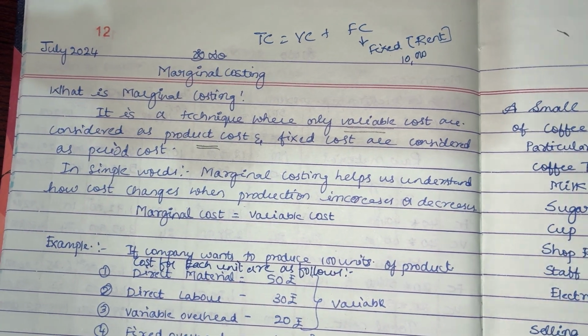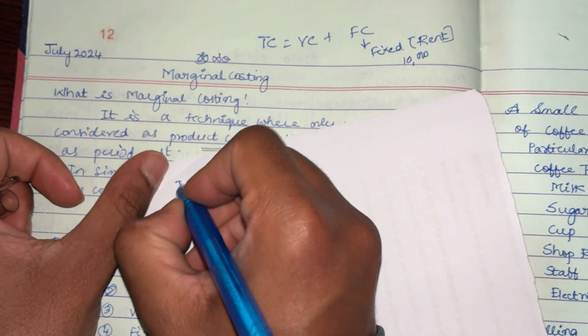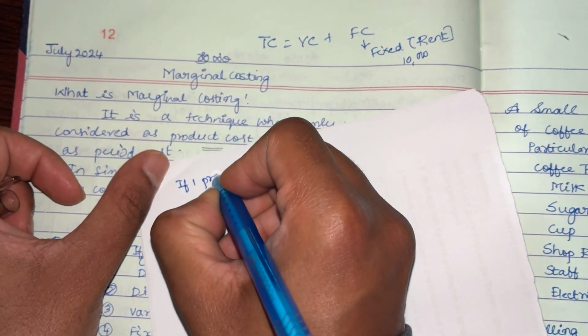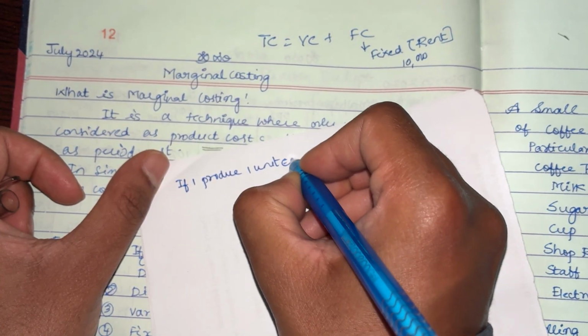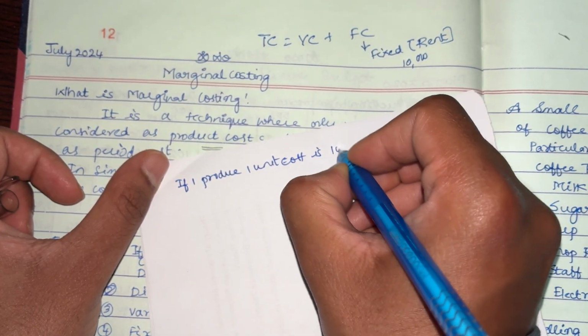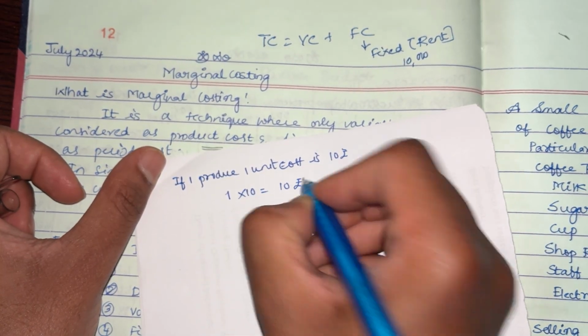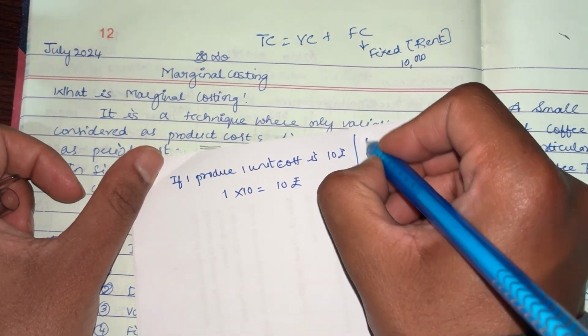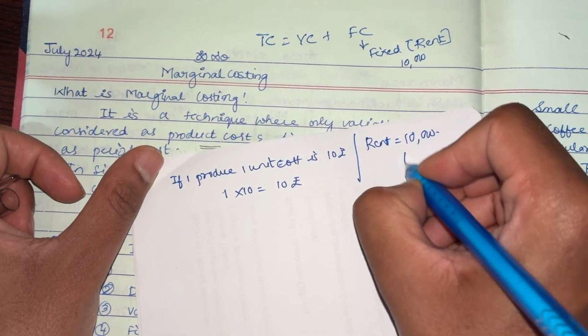Now tell me, I'll write it here. If I produce one unit, the cost is 10 rupees. That is 1 unit into 10, how much? 10 rupees. Now the rent which I pay is 10,000, as I've already told, which is fixed.